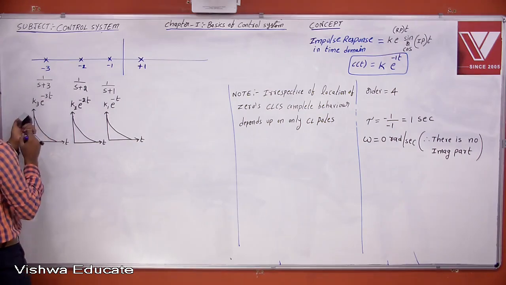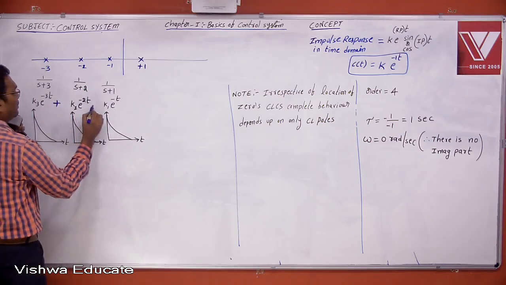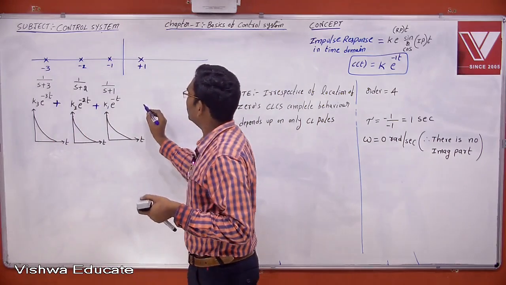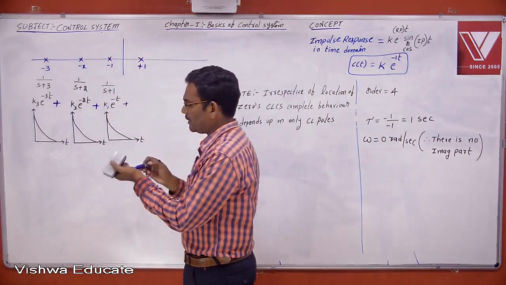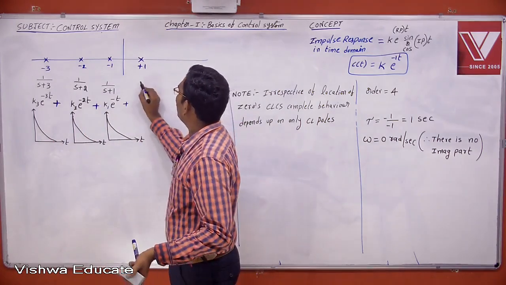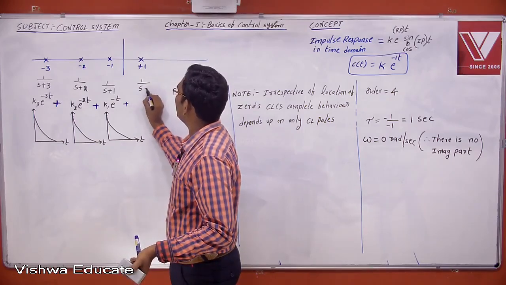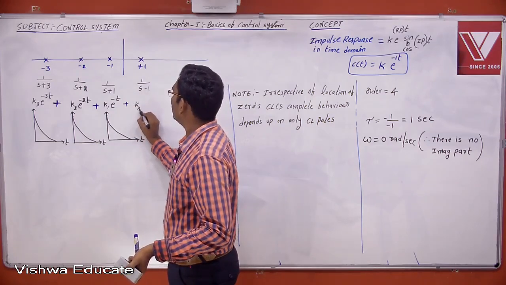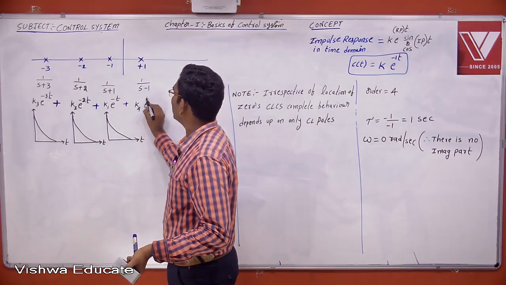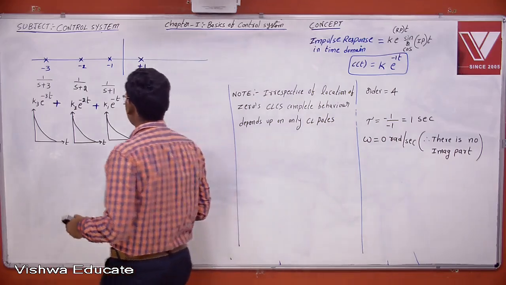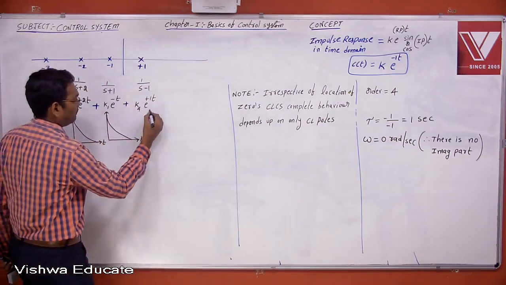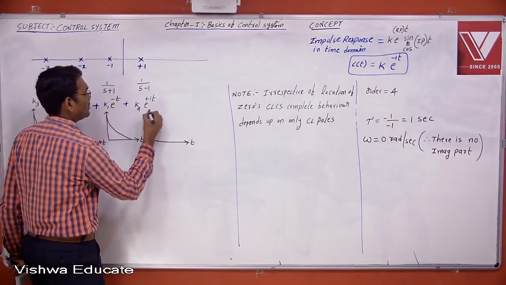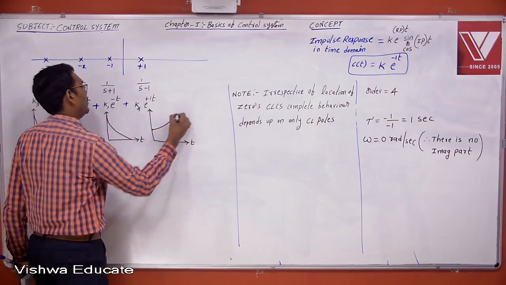Now, this is some partial fractions which we are taking. For example, now see here. Now, 1 by s minus 1. Therefore, some constant into e power plus 1 into t, and the response is exponentially increasing.